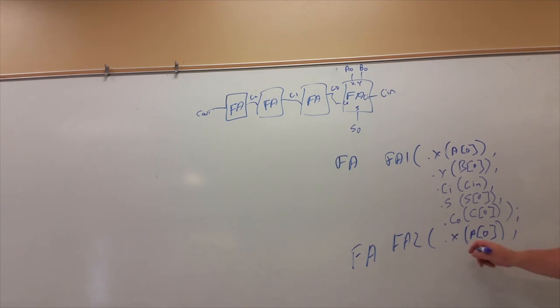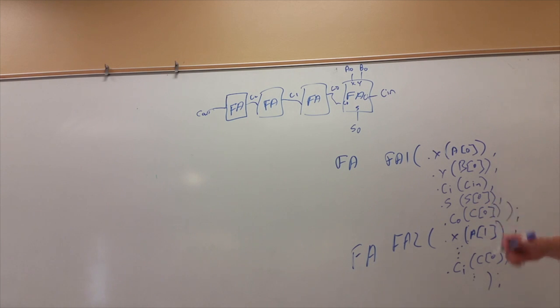The difference will be on my .ci, which will get C0 from the previous stage. Otherwise, it'll be the same. Increment to C1. It'll look pretty similar. So I'm just going to put the dots, close it off. Now, FA3 will follow the same exact pattern, just increment.